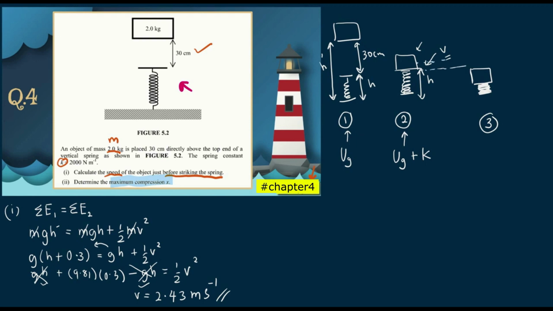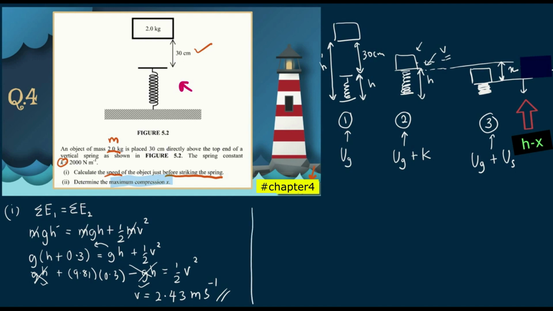So from this position to this position, meaning that we have a value of compression here, S. Okay, now the height of the object is equal to h minus s. You have to understand that concept. So for number 3, we have the energy of UG and also US, elastic potential energy, and we no longer have kinetic energy because it stops when it compresses the spring.